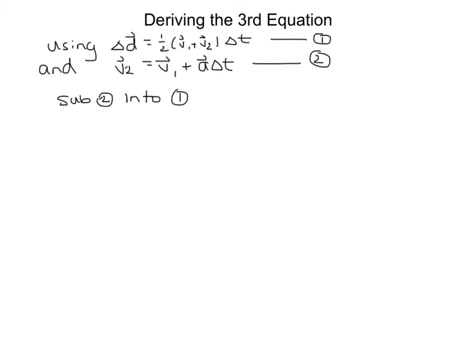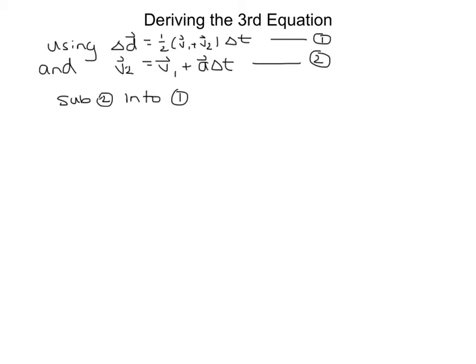I don't like to use the I and the F just because it doesn't have to be a start and end. Maybe you're asking a question about something that happens in the middle, and the subscripts don't really mean anything. As long as you know which one is the initial and which one is the final, that's all that matters. You can use I and F or 1 and 2, that's totally up to you.